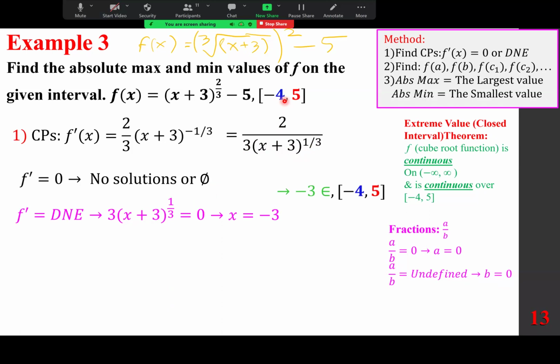Therefore, the function must be evaluated, in the second step, at these two endpoints as well as this critical point. So evaluate the function at the endpoints negative 4, positive 5, and of course, this negative 3.